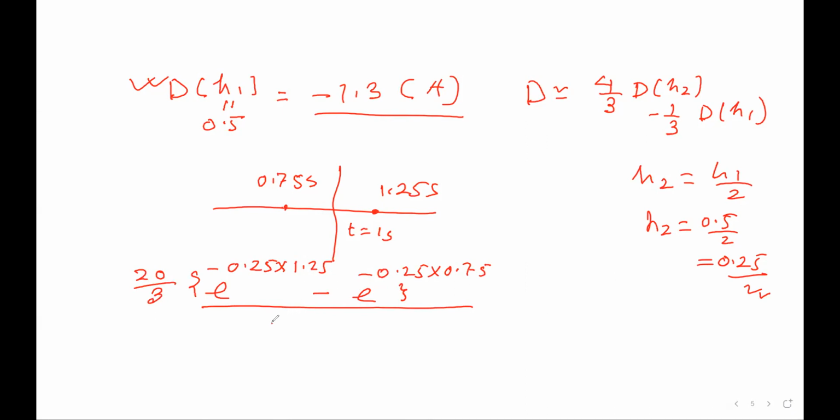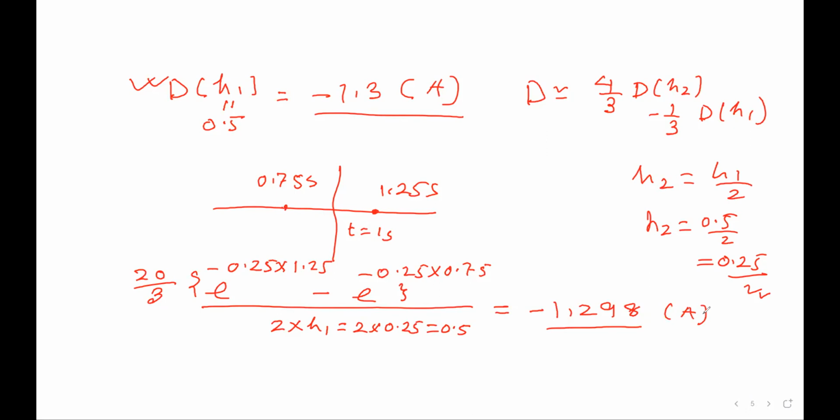Divided by 2 into H1, which is 2 into 0.25 equal to 0.5, isn't it? What is the value? Sir, minus 1.298. Minus 1.298, almost the same value that you obtained earlier by using the analytical method, isn't it?